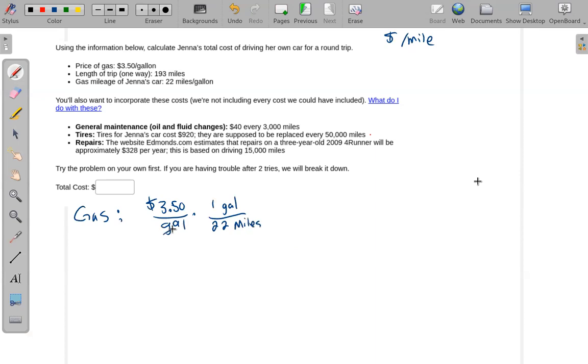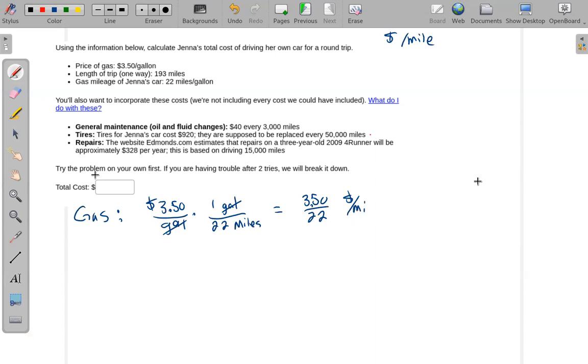And so the gallons cancel out there, and what's left is dollars per mile. And we could put that into our calculator, which we'll do in a minute. I'm just going to write it as a fraction. So it's going to be 350 over 22, and that is dollars per mile.